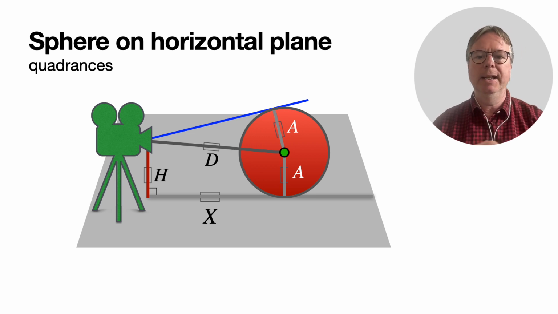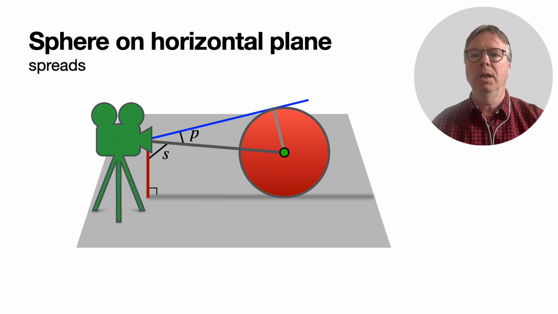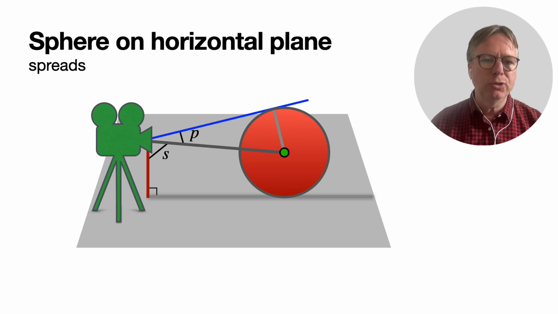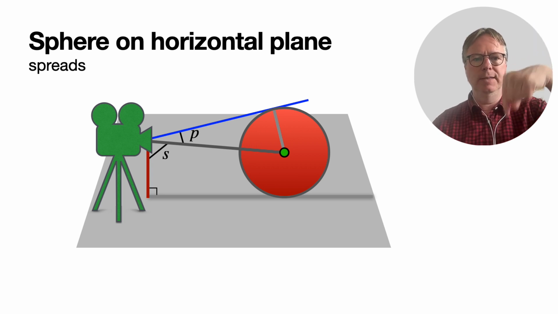And finally, X is the distance on the plane between the foot of h, the vertical, and the point where the sphere touches the plane. We have two spreads. P is the visual spread, I talked about that earlier, and S is the sort of direction spread. So from the downward direction to the center of the sphere.